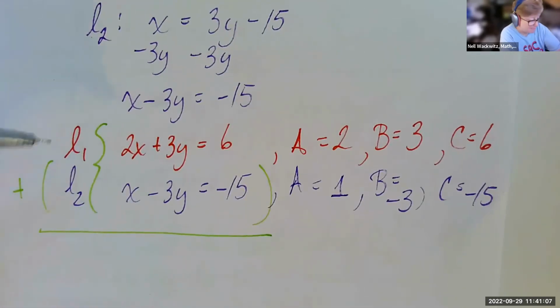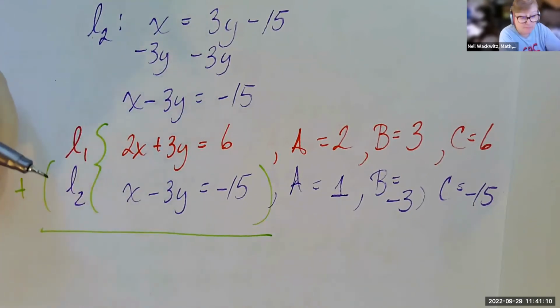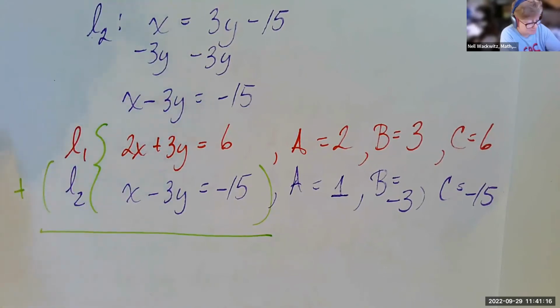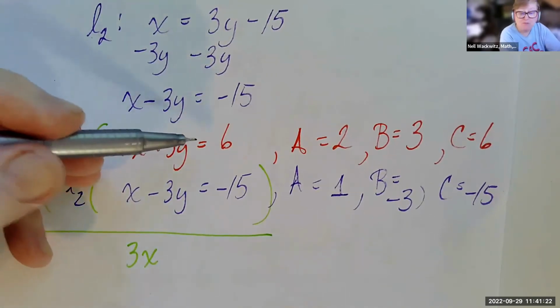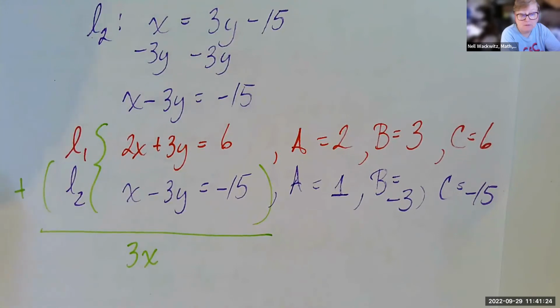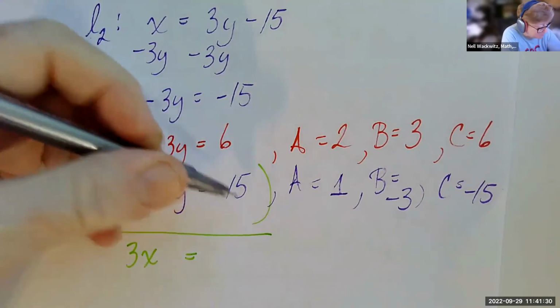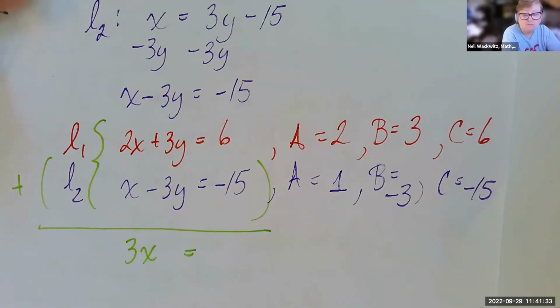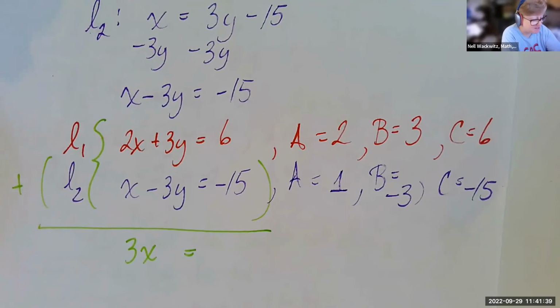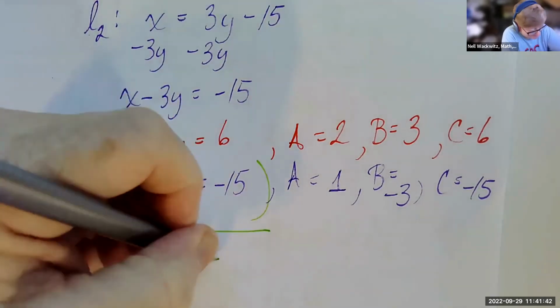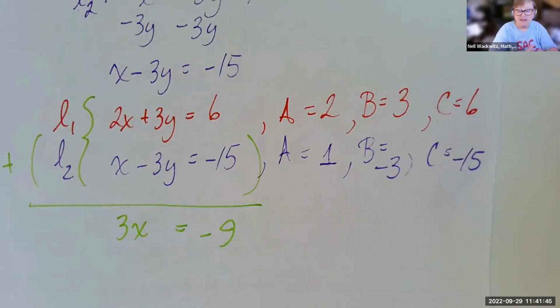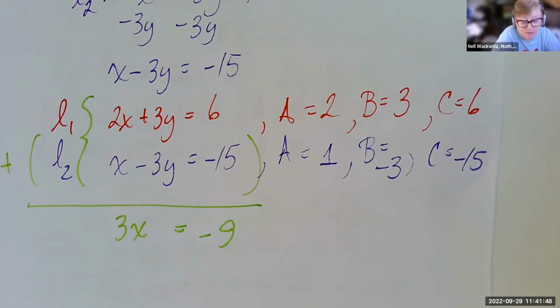So right now let's add. We've got 2x plus x, that's 3x. Positive 3y minus 3y cancels out. Good. 6 plus negative 15 is 9? No, negative 9. Is it positive or negative 9? Good. How can we find x if we have 3x equals negative 9?